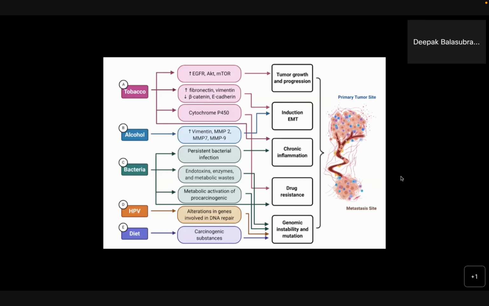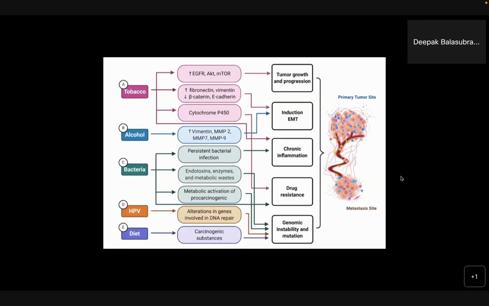So you have tobacco, which primarily increases EGFR, AKT, and mTOR. There's also upregulation of fibronectin and vimentin, and cytochrome P450 is dysregulated. And this results in tumor growth progression and metastasis.